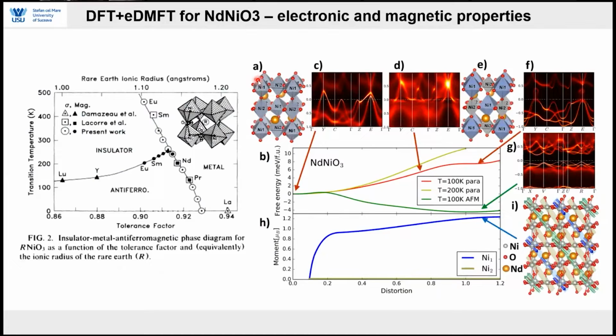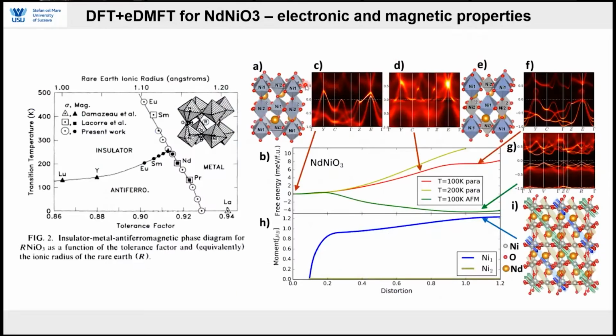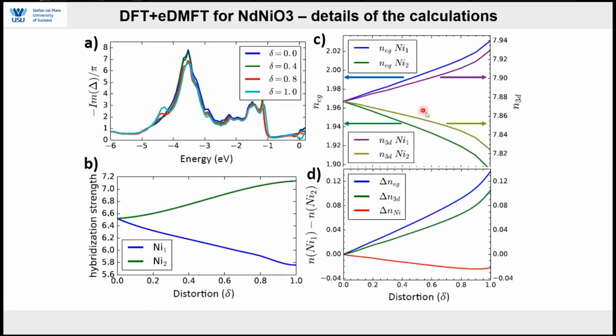If you think about the 5D orbitals, the z squared, the x squared minus y squared, xy, yz, and zx, we can split these in what we call eg orbitals. So z squared and x squared minus y squared are eg, and the other three are t2g. Since nickel here is d8, it means that t2g is completely filled. Let's look at eg.